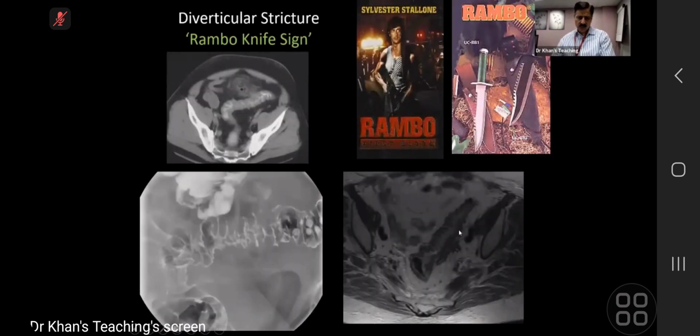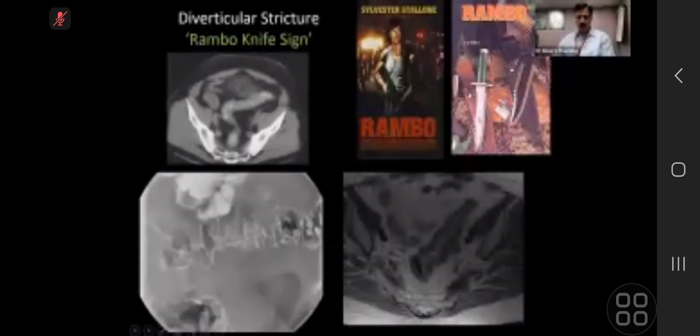Now if you see this MR, it gives you this beautifully. So this is the lumen, and it gives you this hypertrophy of the muscularis, giving you this serrated outline. And your books tell you serrated outline.